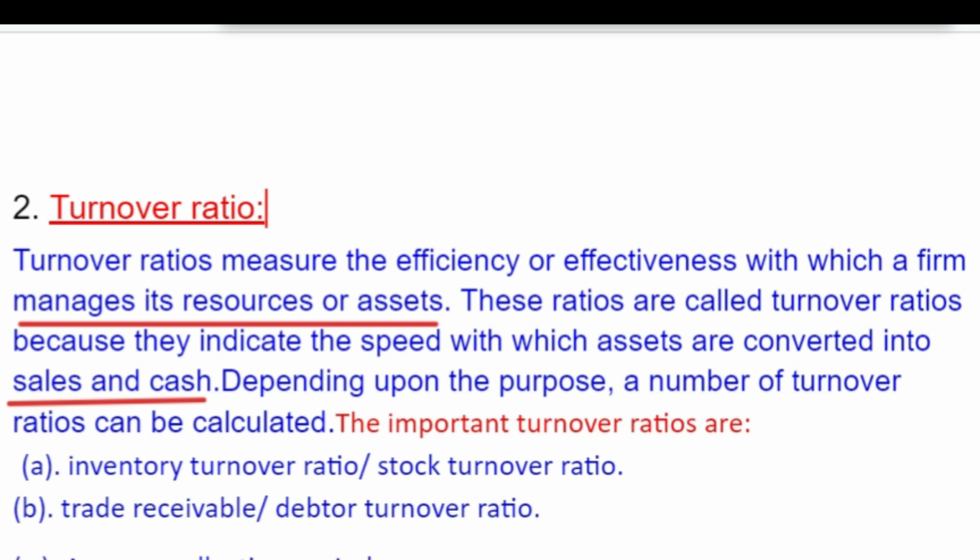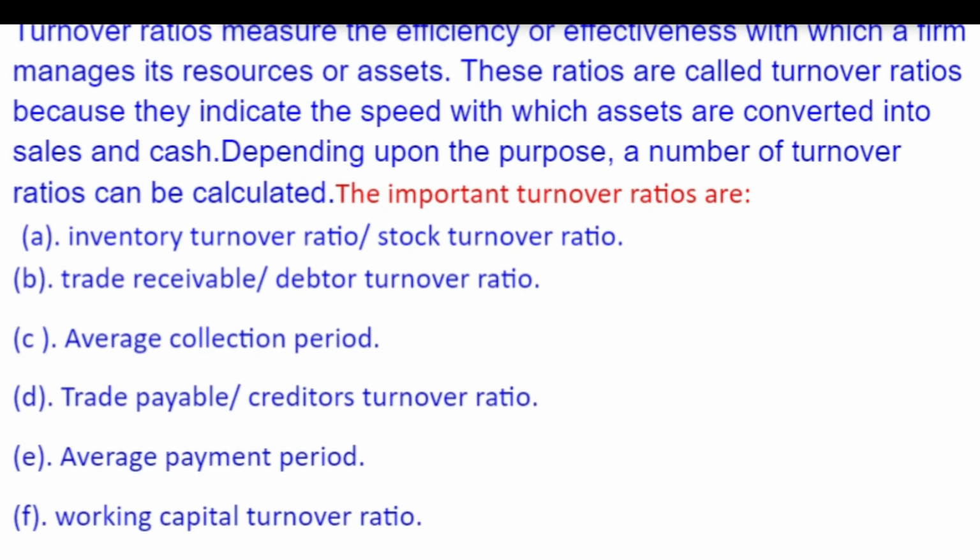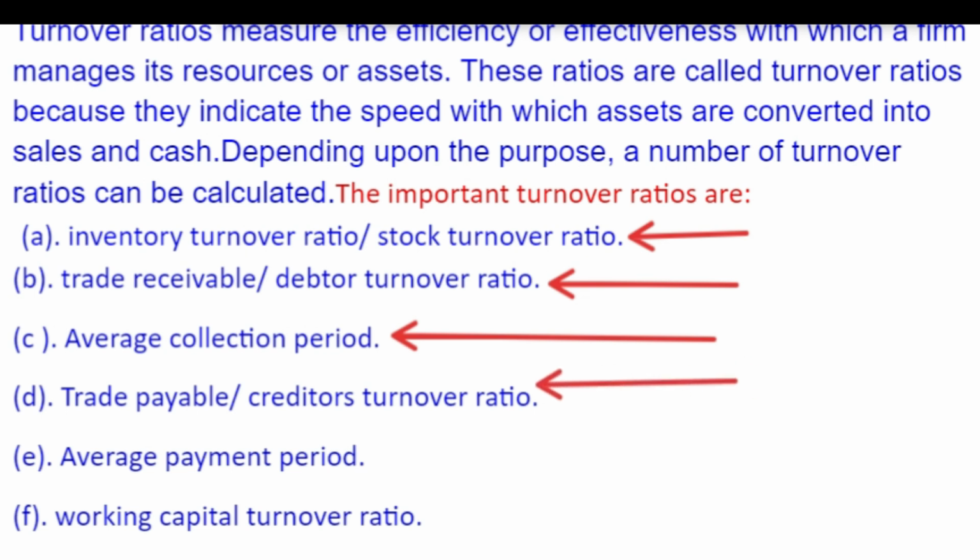There are a number of turnover ratios we calculate. Among them are inventory turnover ratio, trade receivable or debtors turnover ratio, average collection period, trade payables or creditors turnover ratio, and average payment period.